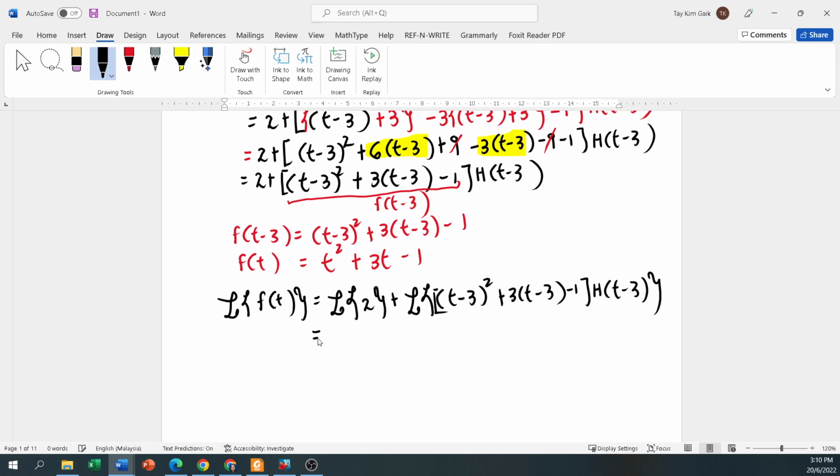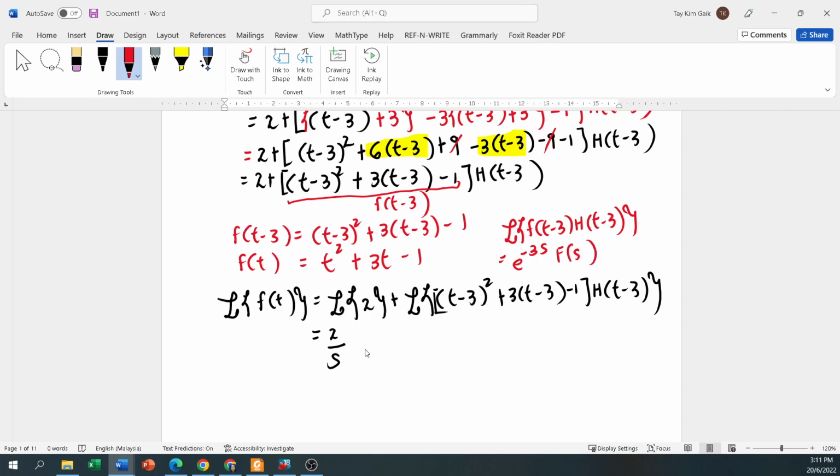Okay. So now the Laplace transform for 2, you get 2 over s. Okay. So the second term applies the second shift property, where the Laplace transform for f(t minus 3) h(t minus 3), the result is exponent negative 3s times F(s).